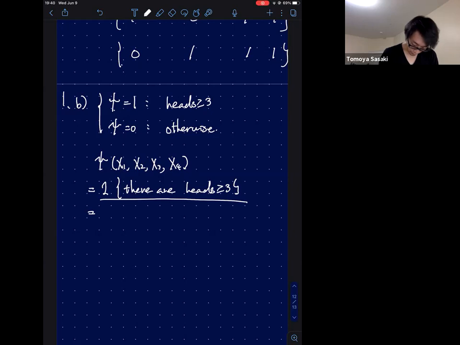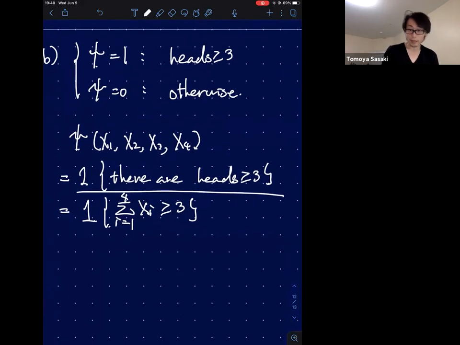To do so, for the sake of time, I'm going to do this by myself. This is going to work, right? We have x1, x2, x3, x4, and we define heads as 1.